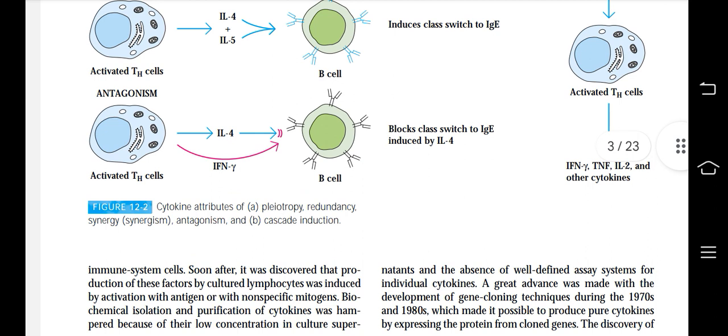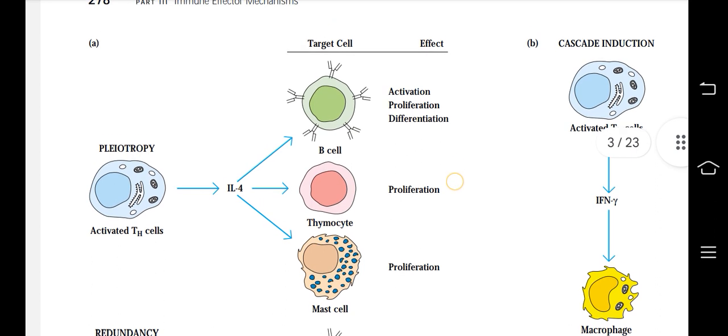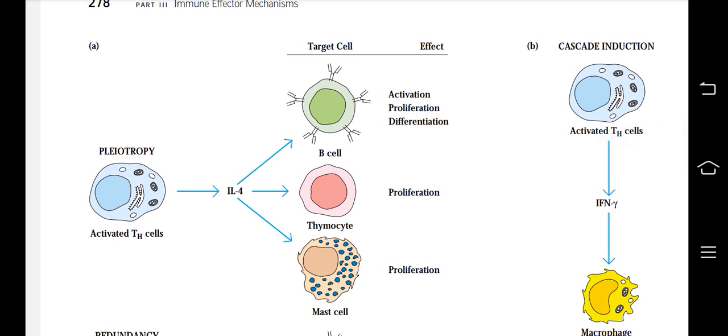These are some pictures which describe cytokine attributes of pleiotropy, redundancy, synergy or synergism, antagonism, and cascade induction. Okay, so this first picture depicts pleiotropy. We mentioned what is pleiotropy. I hope you know that.